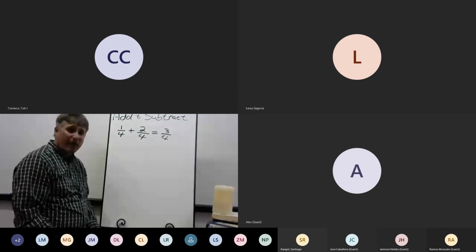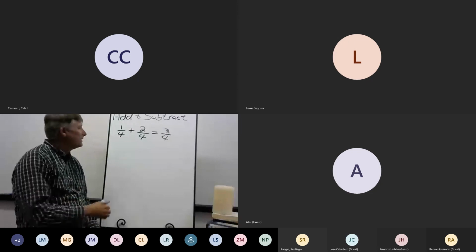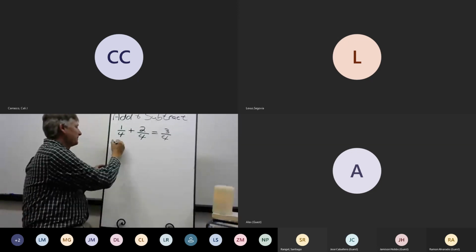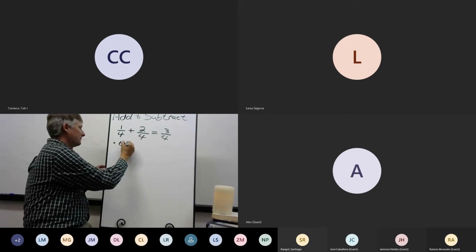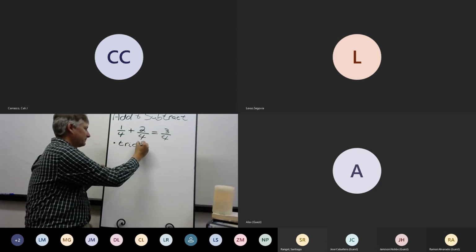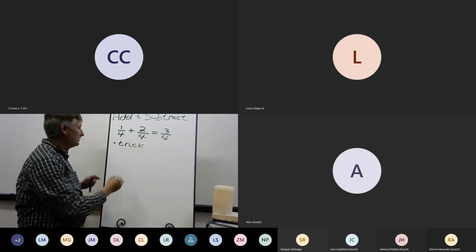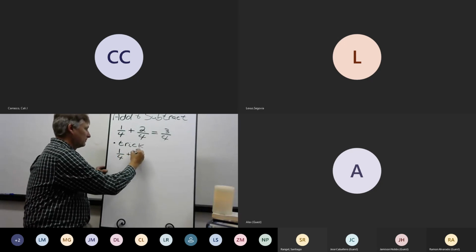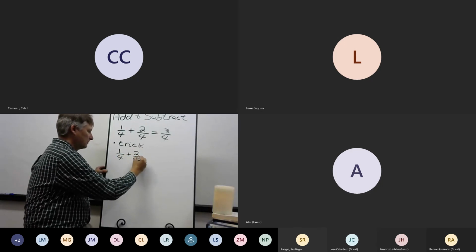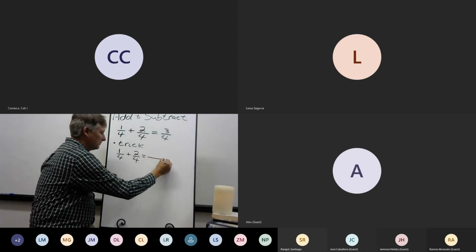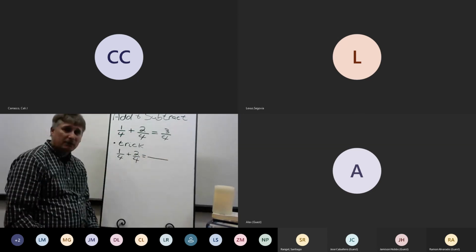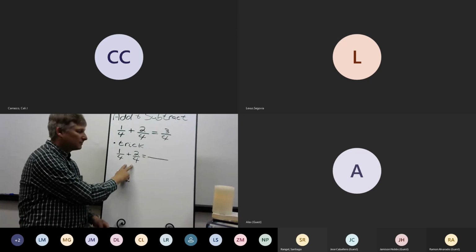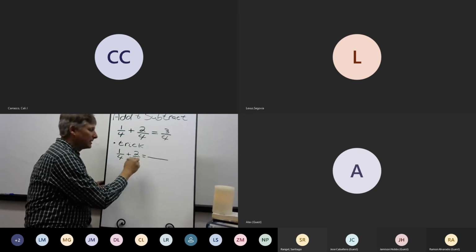So we want to look for a pattern or a trick that will let us do this. And there is a trick. To get 3/4, from these fractions, we'll keep the denominator.